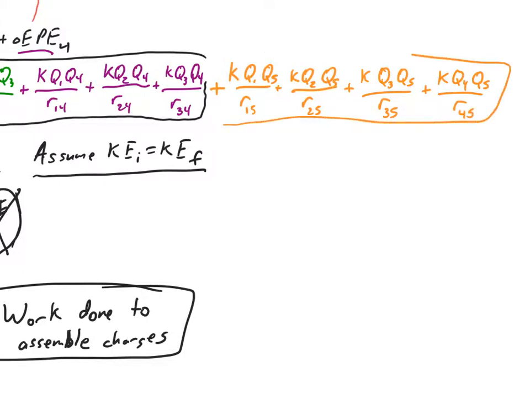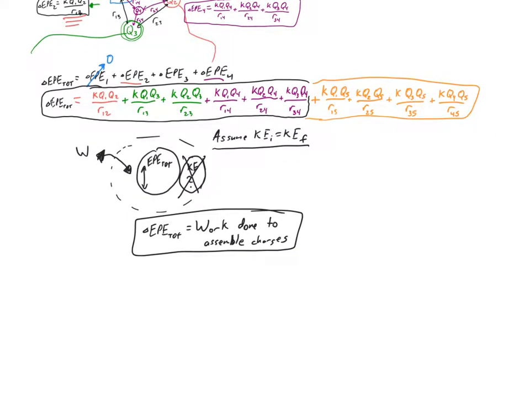Okay. As you can see, the more charges you bring in, the much longer this electric potential energy equation gets. There's a table in the book showing how this progression gets larger and larger. You're basically adding on whatever value you're on.